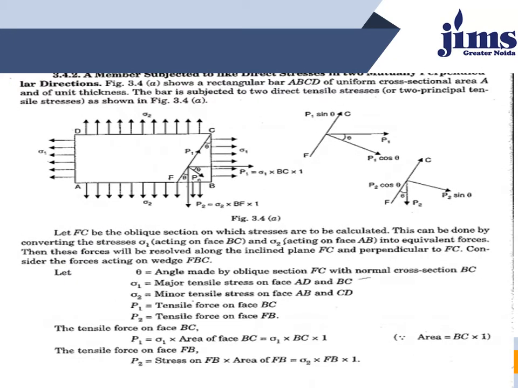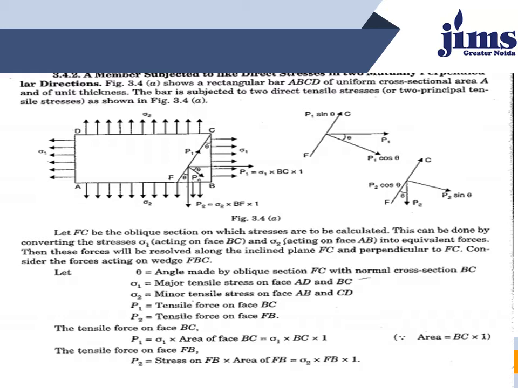Member subjected to two mutually perpendicular stresses. Figure 3.4 shows a rectangular bar ABCD of uniform cross section A and uniform thickness. The bar is subjected to two direct tensile stresses, or two principal tensile stresses, as shown in figure 3.4a.